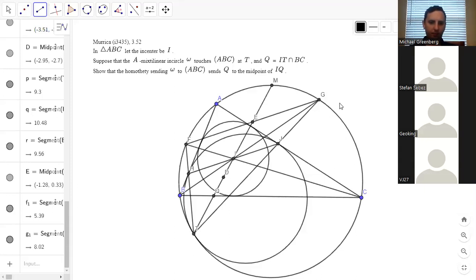Or, because we want to show Q in this triangle corresponds to I in this triangle. So maybe we could show EI.